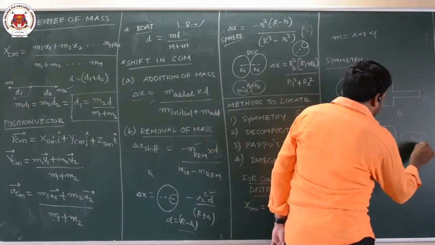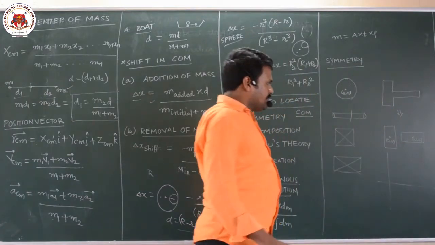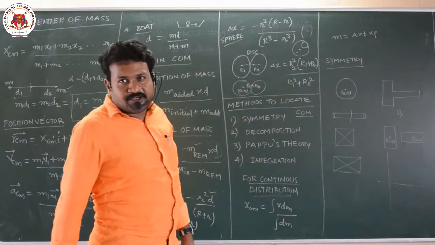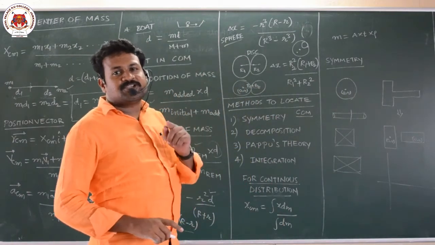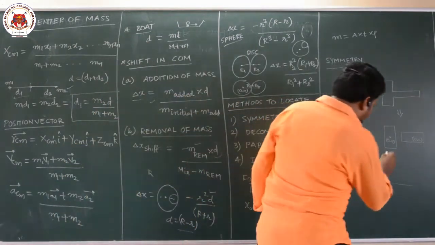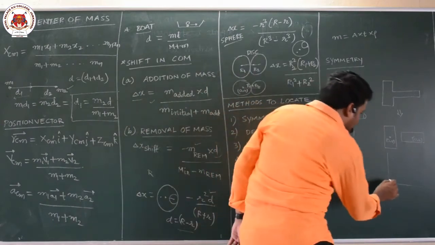Now these two you can replace with 2 point objects. The function of center of mass is only to replace a heavy body with a small point. Why? Because it is the point where the total mass appears to be concentrated. So here I can take mass m1.